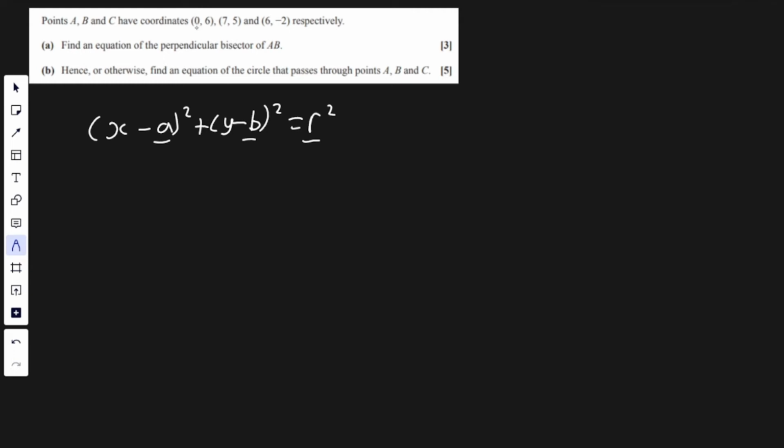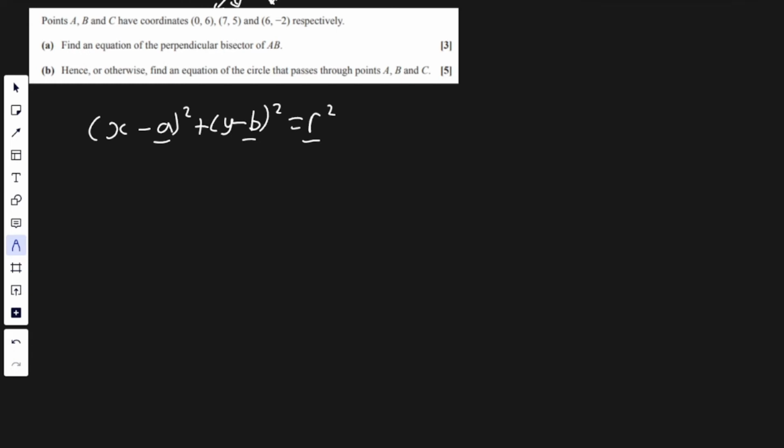So we require 3 pieces of information, these 3 coordinates. But constructing this circle is going to be quite tricky. Now there's 2 ways of doing it. One could be just straight away subbing in these coordinates. Quite an interesting way in my opinion, but it's going to be pretty messy. But if you want to try that way, be my guest. I think it'd be quite interesting, quite fun to do.